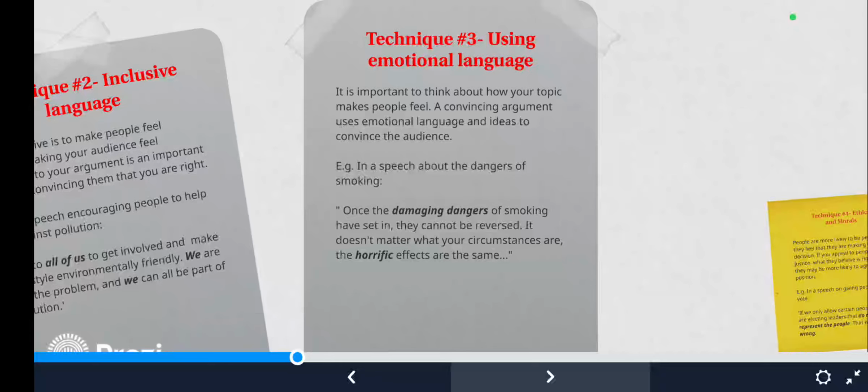A convincing argument uses emotional language and ideas to convince the audience. For example, in a speech about the dangers of smoking, you can say something like this: Once the damage and dangers of smoking have set in, they cannot be reversed. It doesn't matter what your circumstances are, the horrific effects are the same.